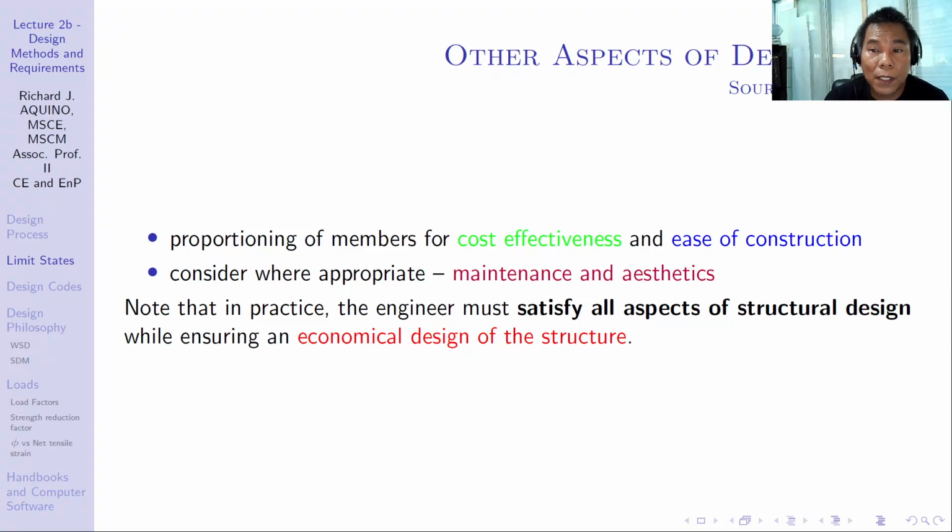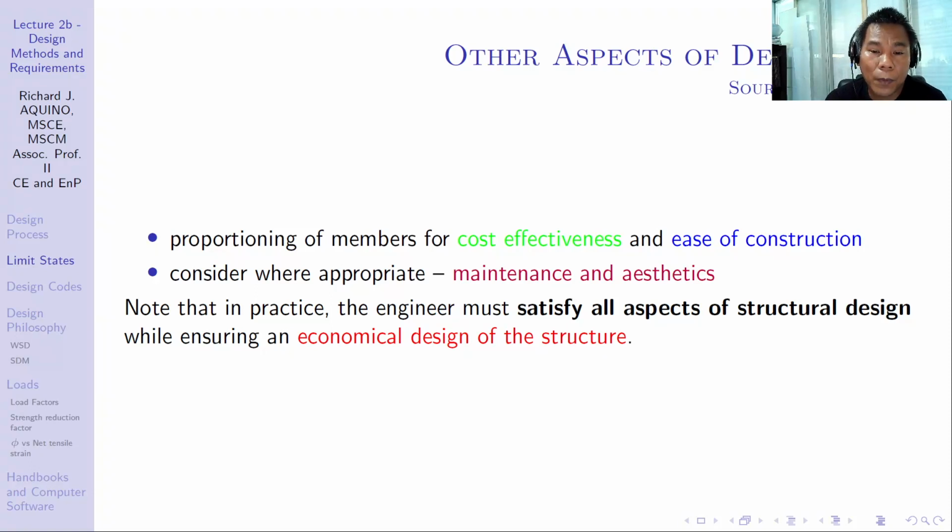Also, we have other aspects of design, that is proportioning of members for cost effectiveness and ease of construction. Of course, you may have a very good design, but if in applying it in the construction it would be really complex, then it would be useless. So you have to design also in terms of ease of construction.